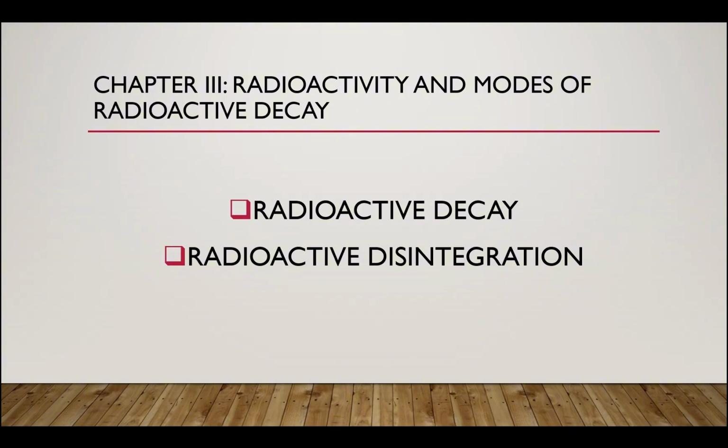First, the atom can have too many neutrons in the nucleus, or it can have too many protons, and it can also have both too many protons and too many neutrons. These three conditions make an atom or a substance radioactive.